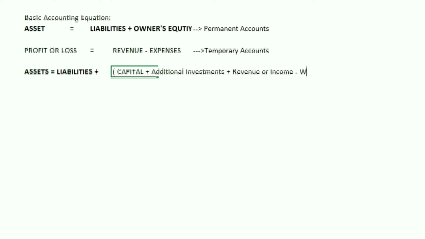Wow, haba. So, ito yung expanded accounting equation.